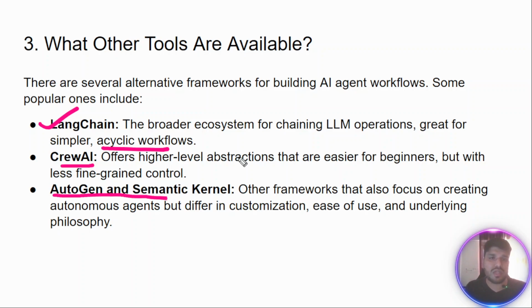You can just look at how I use AutoGen to build a multi-agent system and build the architecture around it. So I would encourage you to watch how you can do this. But when it comes to customization, ease of use, and the underlying philosophy, AutoGen has some difficulties. That is another disadvantage AutoGen has.